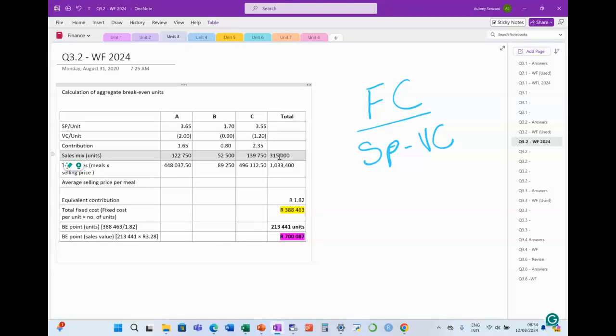Oh, is it not? It's actually your selling price times the sales mix for the unit, to get the actual total sales.